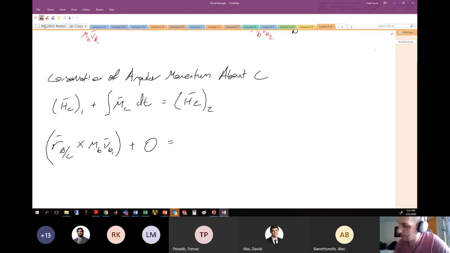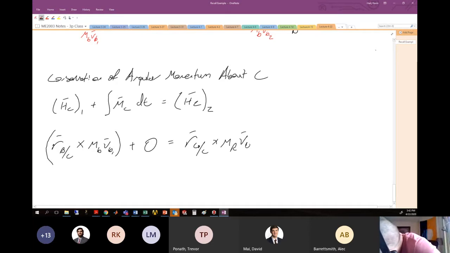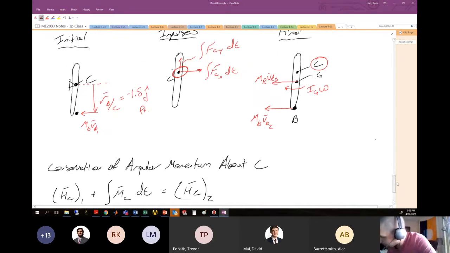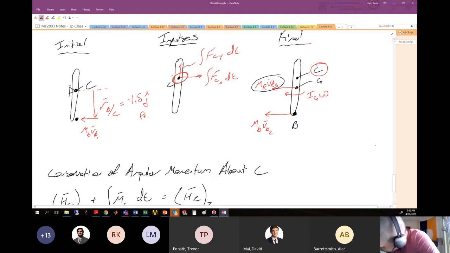Those 3 components will be, let's do, I guess, the component of the center of gravity of the rod. So that'll be something like the position vector, which locates the center of gravity from C, crossed with the mass of the rod, velocity of the center of gravity of the rod in situation number 2. That would account for this component located at a distance here, which is the position vector locating G from C.